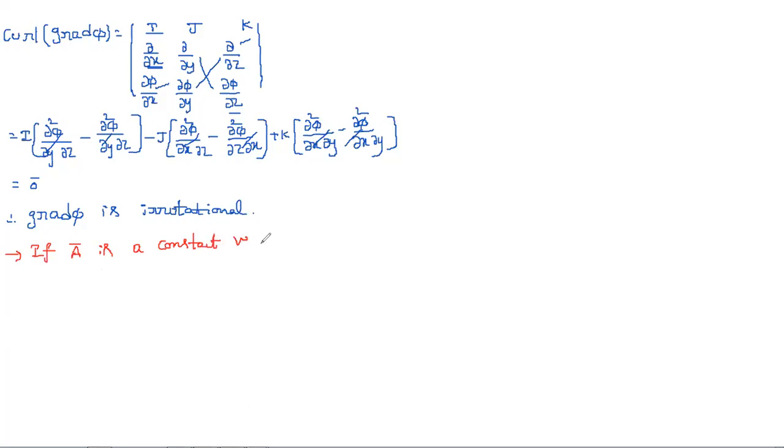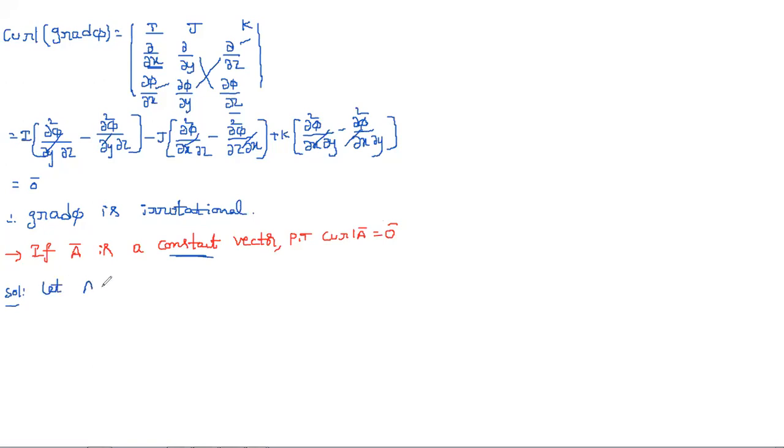Prove that curl A bar is equal to 0. So already we know that a constant vector is always irrotational. That one only we are going to prove. Constant vector they mentioned, but they didn't mention the constants, so for that we have to take an assumption.